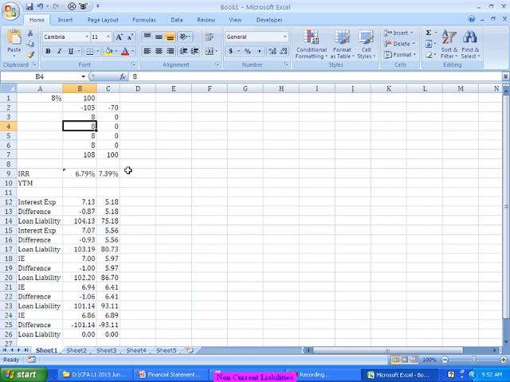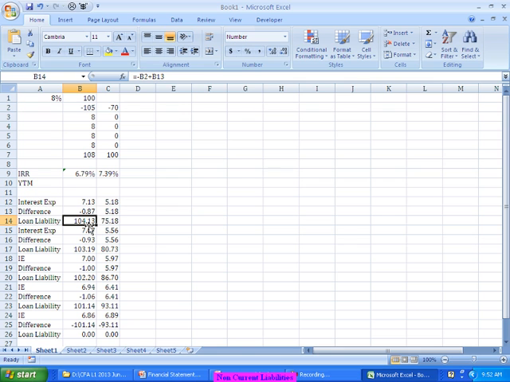The interest part is only 7.13, which is 6.79% times this 105. But I am paying you 8 in the first year, which means I am paying you excess. That excess should bring down the liability. The difference is negative. So typically the liability is coming from 105 to 104.13.